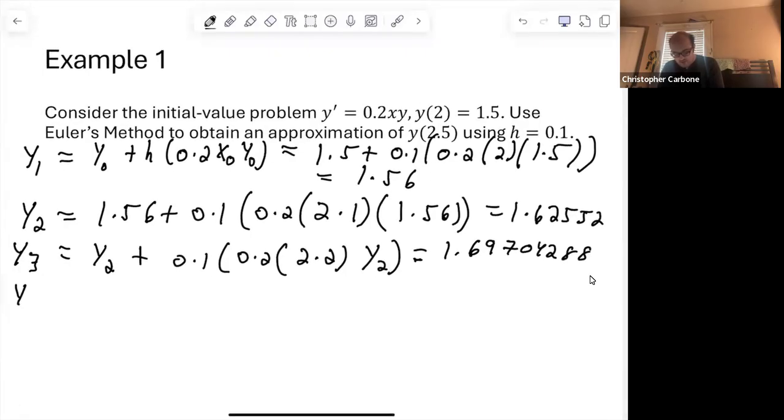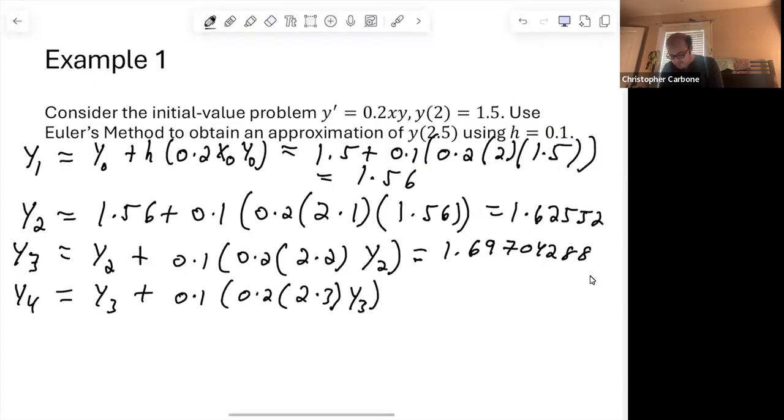For y sub 4, that'll be y sub 3 plus 0.1 times 0.2 times 2.3 now times y sub 3. That one is going to be 1.775106852.